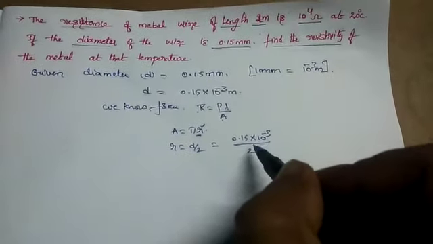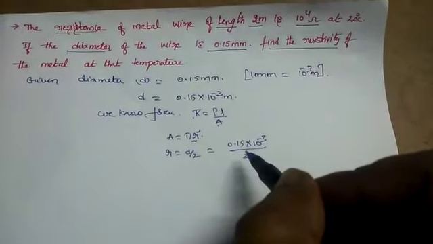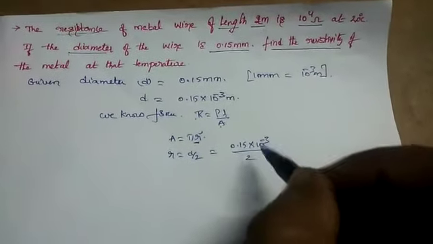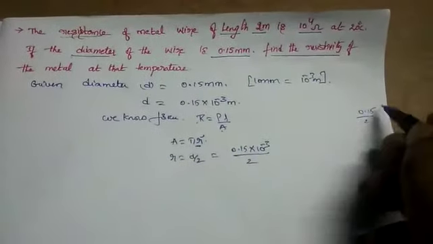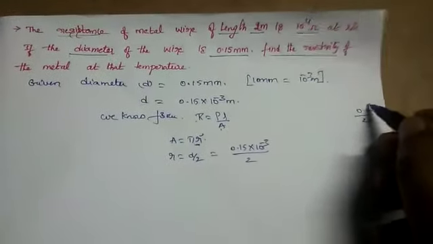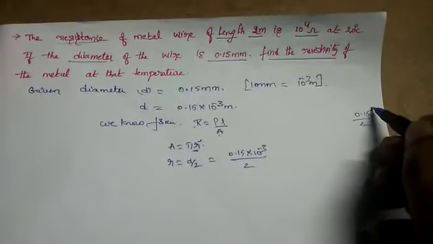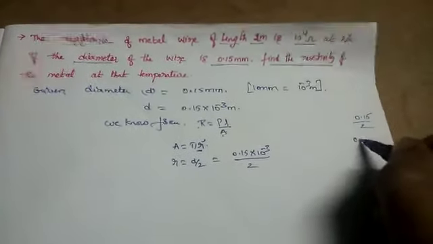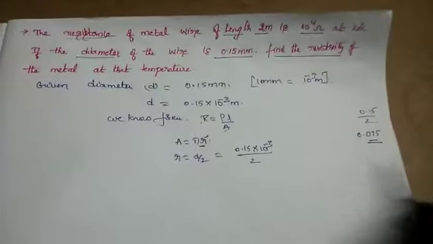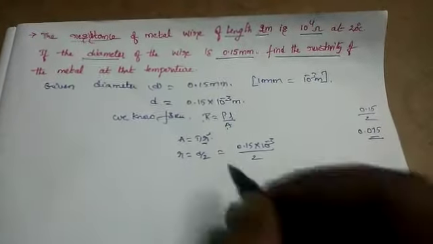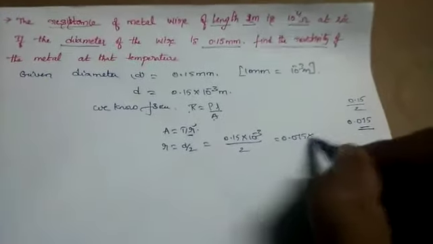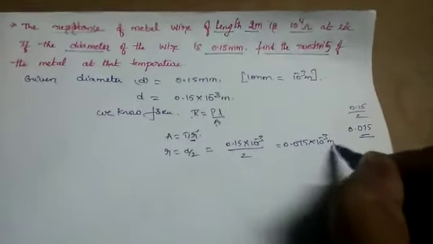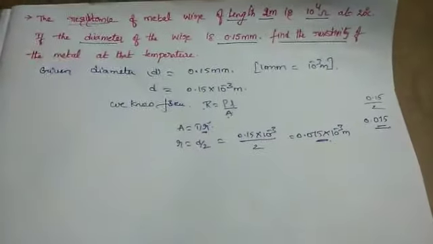So 0.15 by 2, how much will come? See here, 0.15 by 2. That means 0.075. Am I right? So here 0.075 into 10 to the power of minus 3 meters.